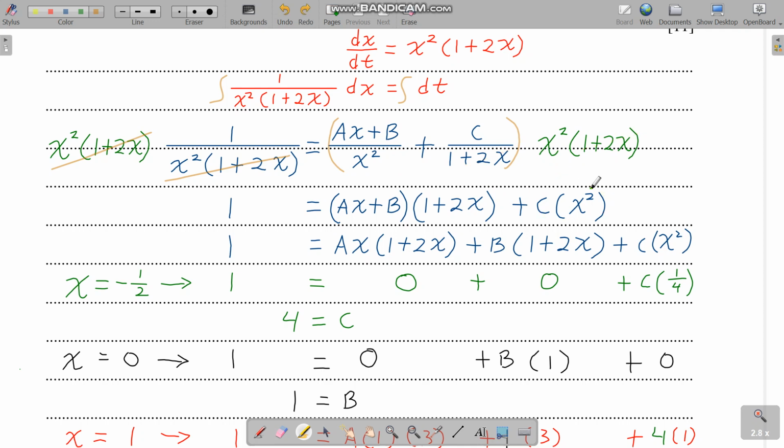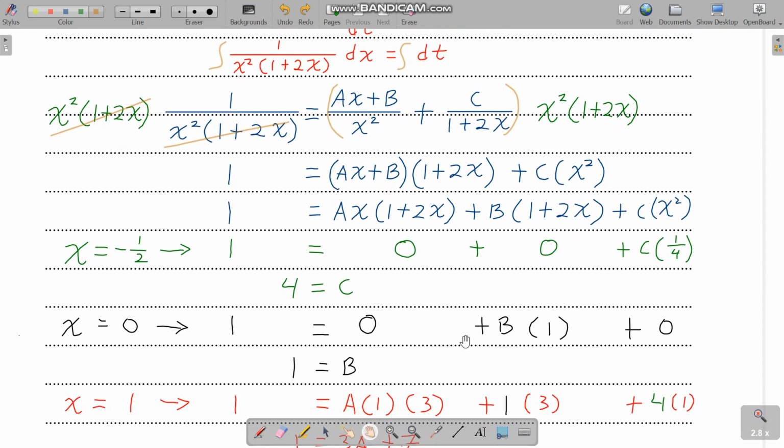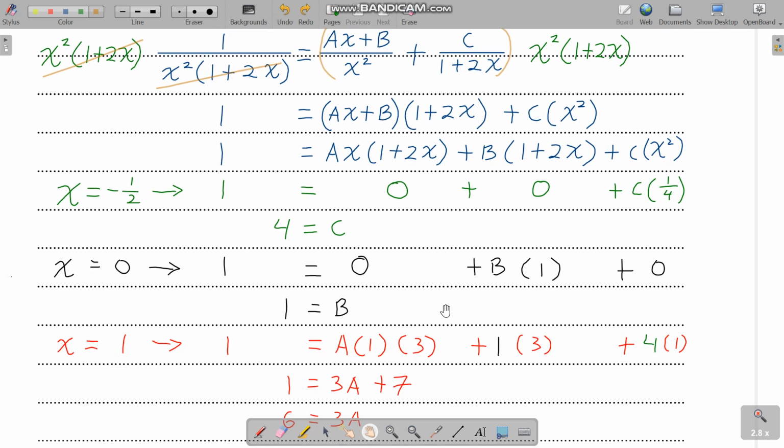Alright, so now we need to split the coefficients a and b here. So we do ax times 1 plus 2x and b times 1 plus 2x. So we're gonna split the a and the b in different terms like this, and now we cleverly choose the right values of x so we can find a, b, c as quick as possible.